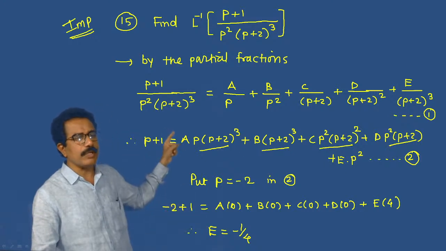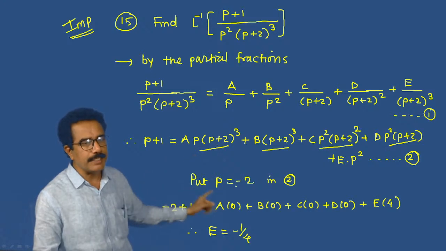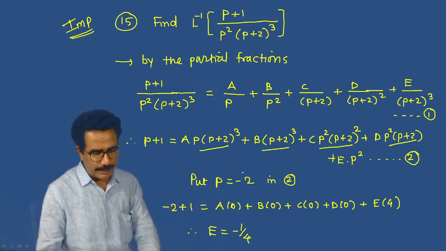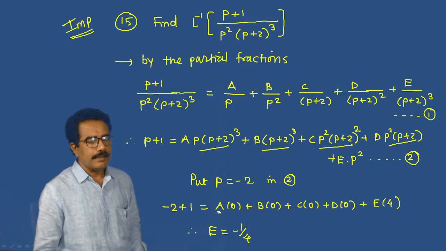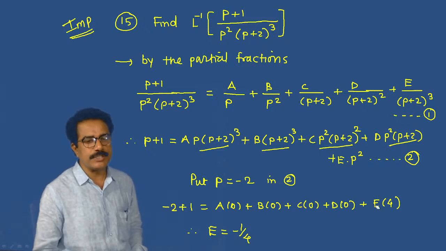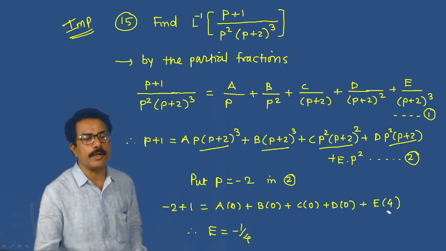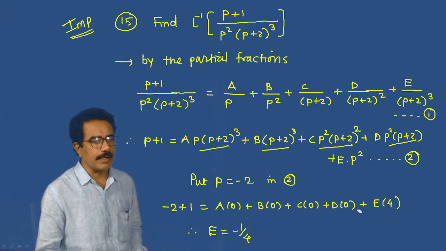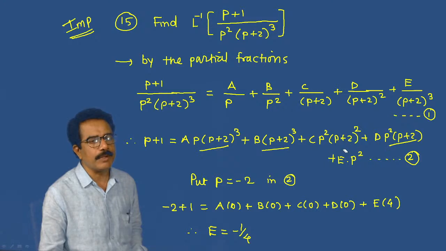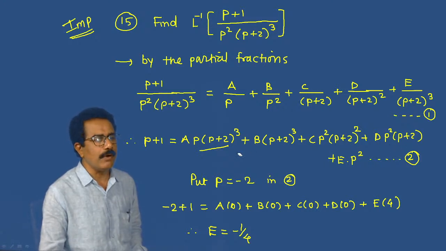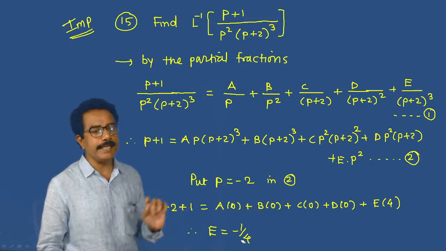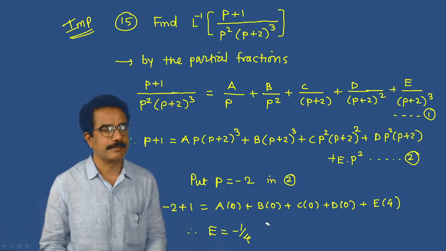So first of all we put P equals to -2, then we get A0, B0, C0, D0, E into 2 square, that is 4. So here is -1, -1 by 4. In this way we obtain the value of E equals to -1 by 4.